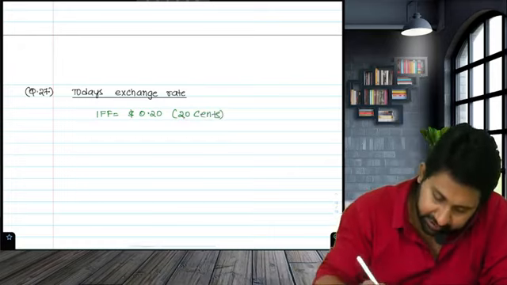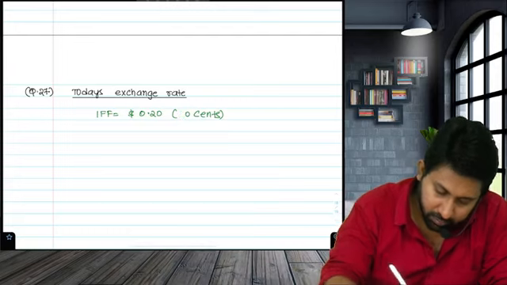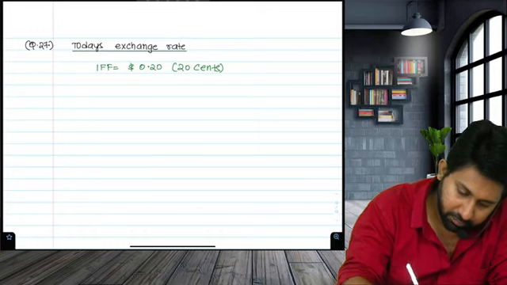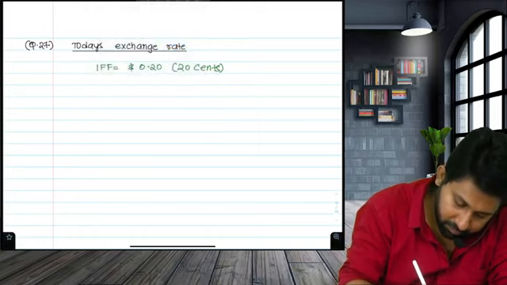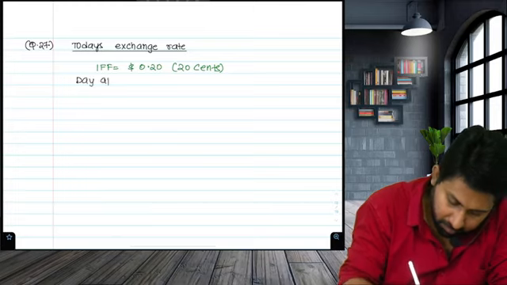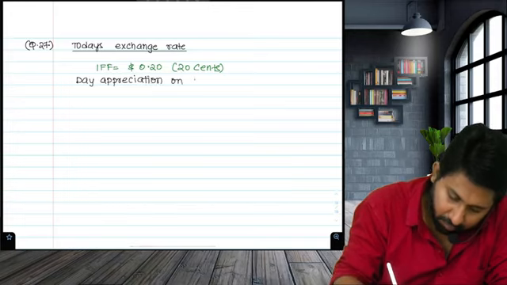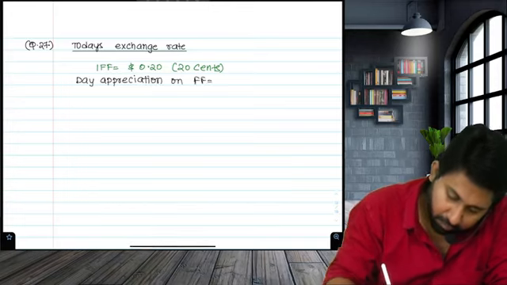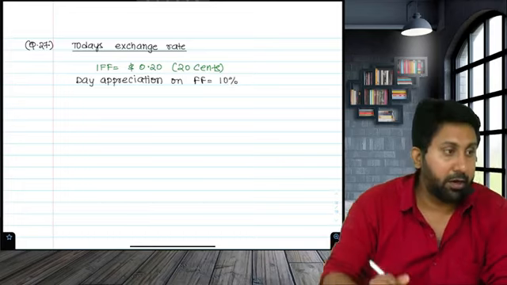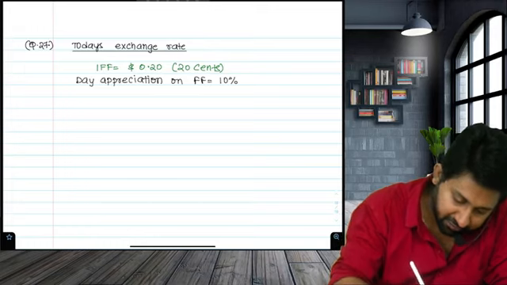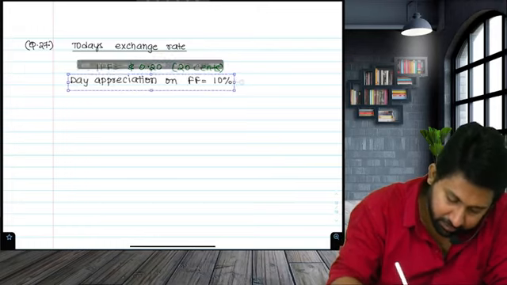Next, the appreciation on the French franc. How much? 10%.